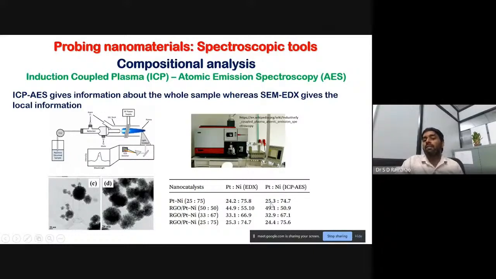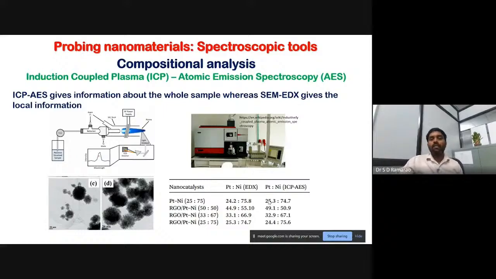But still what I suggest is doing ICP is more preferable, because when you present only EDX results in your paper, and if you are showing very good properties, enhancement in properties, surely the reviewer will ask, so please support your EDX data with ICP data, because ICP is more accurate and more uniform, because it gives information about the whole sample, not a specific point.